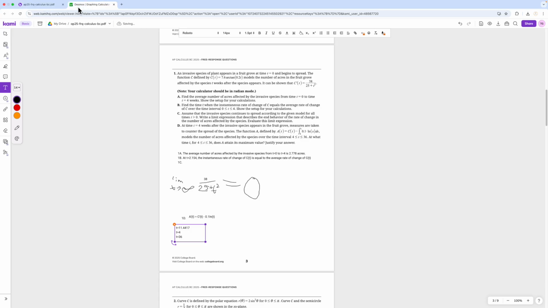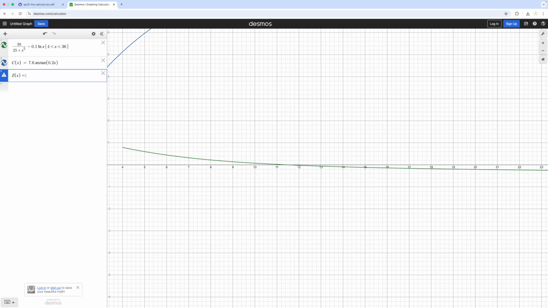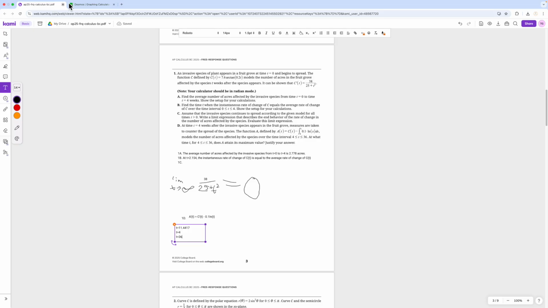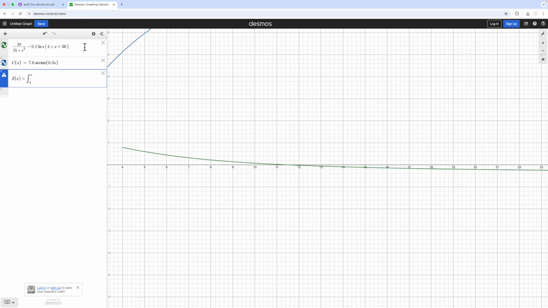Let's write z of x is equal to the integral from 4 to x of 0.1 ln of x dx. And if we did z of 5, for example, well, that doesn't work. You can't use x as an integrand. Let's just write r, and we put r here. There we go.